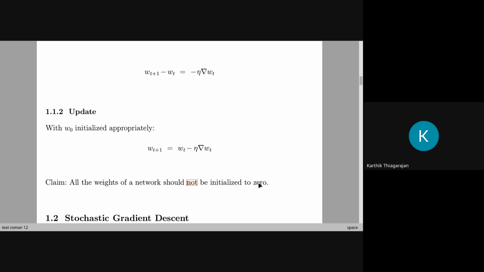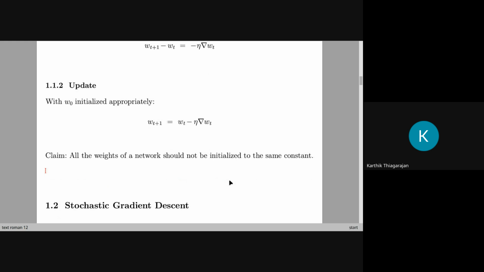Then I will change this to: should not be initialized to the same constant. So it could be 0 or non-zero. Sir, because then we are giving the same importance to everything. Yeah, that's correct. If you do this, all the neurons become identical. You see why that is the case?